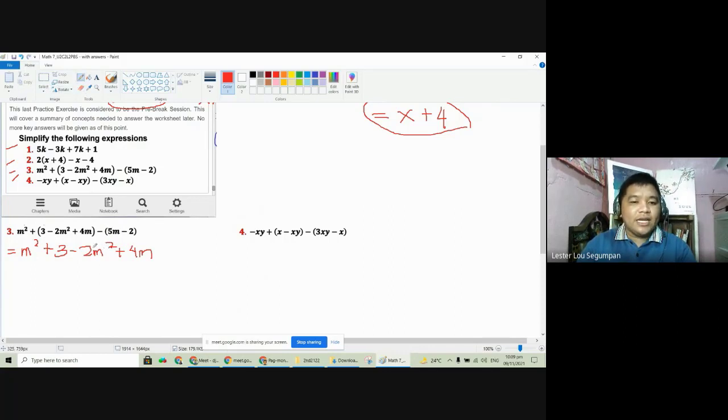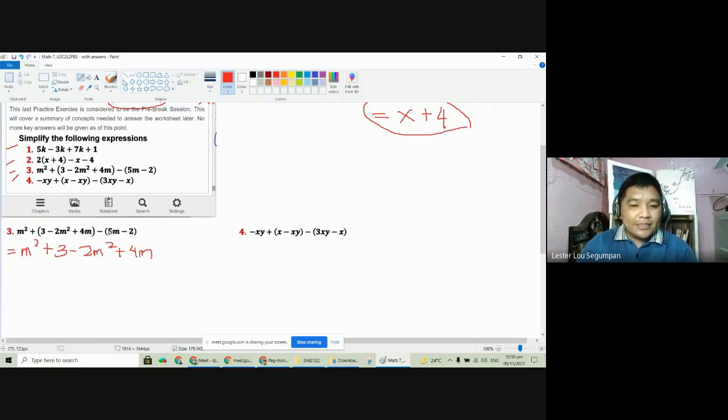However, here's the catch. If the sign before the grouping symbol is minus, it's not safe to automatically remove the grouping symbol. When you remove a grouping symbol preceded by a minus sign, all the signs of the numerical coefficients inside will be changed into their opposites.